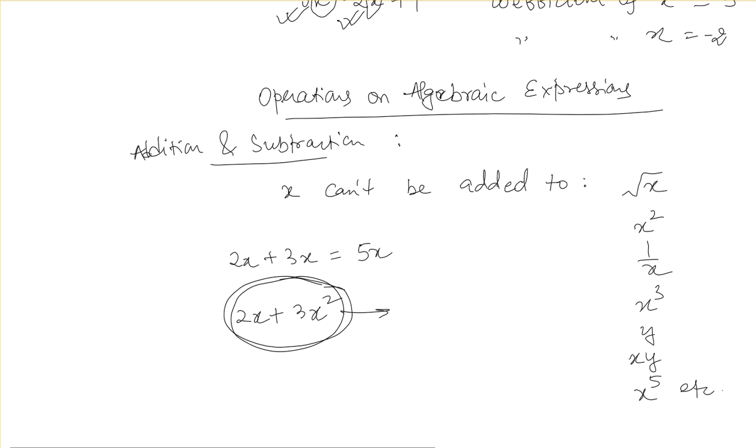It will remain as it is, because here you have x and x, but here these are two different things. X and x square can't be added. X can't be added to root x, x can't be added to 1 by x, x can't be added to x cube. In fact, x can't be added to anything except x itself. Same applies to y and so on.